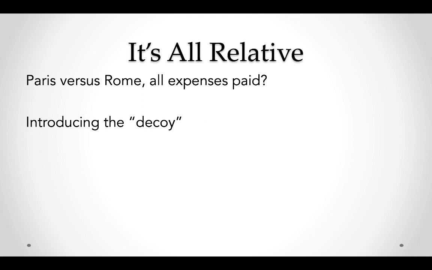So now your choices become Paris for a week, all expenses paid, Rome for a week, all expenses paid, or Rome for a week, all expenses paid, but no coffee in the morning. What would you do? Did I help you? Did you choose Rome by any chance, all expenses paid, including coffee? Did it make it easier for you?